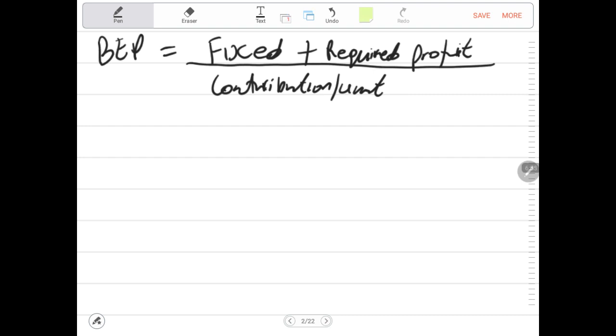Now on that same note, let us check if we have enough figures for what we are doing. We have to look at the total fixed cost. In this case, we are not told how much the required profit is. Remember, required profit can also be required return on investment. They normally say required return on investment, meaning how much the owner wants to get as the return out of the investment that he put into the business.